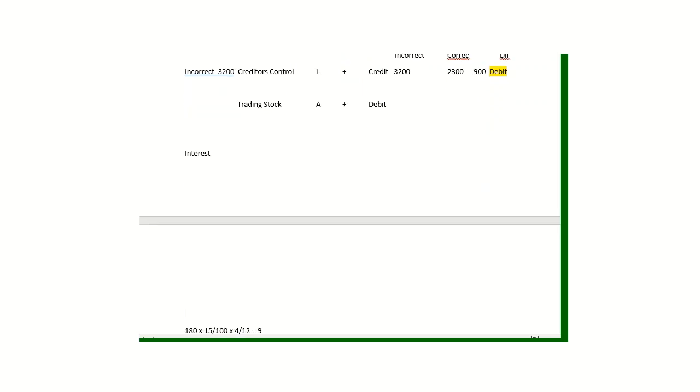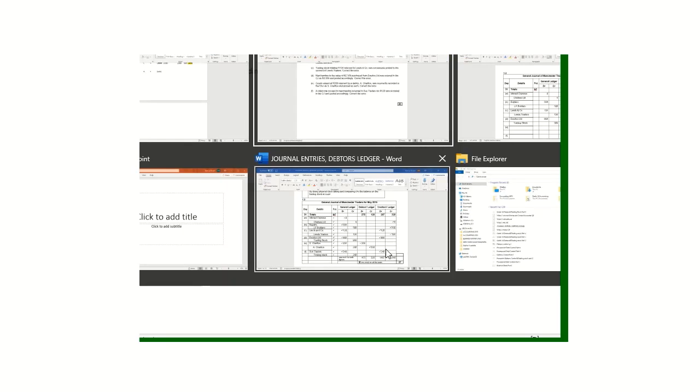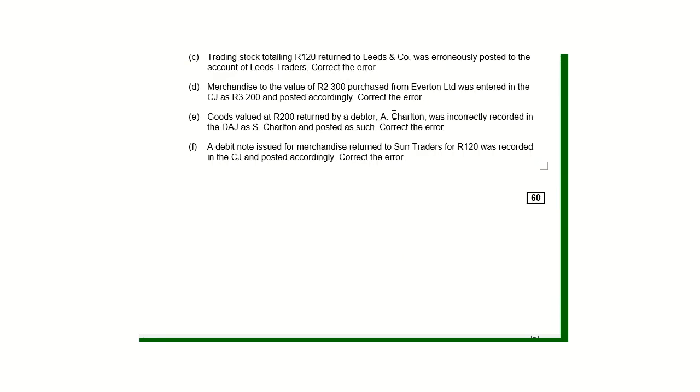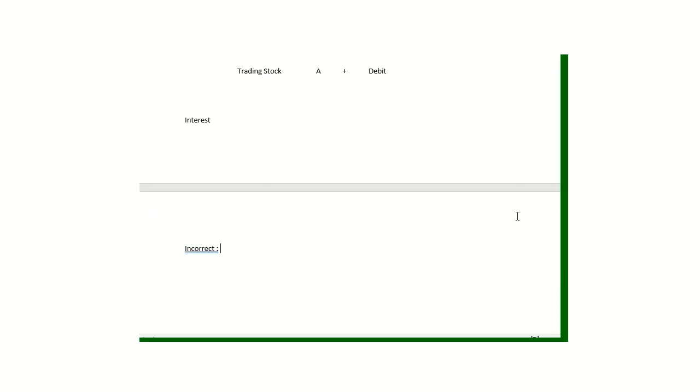Okay, let's go down. First of all, what was the incorrect? Goods returned by A Charlton was posted as S Charlton. So incorrect, S Charlton.